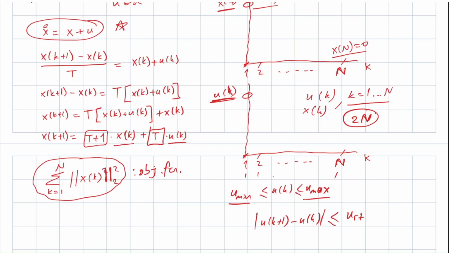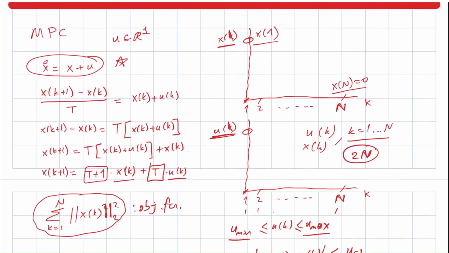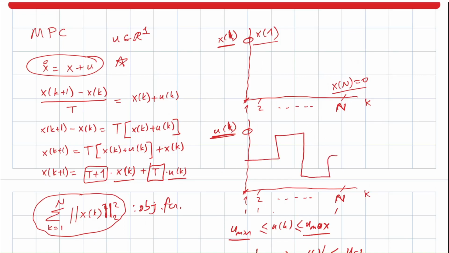Because you can solve that problem and your solver can give you something like 0 volt, 5 volt, and minus 5 volt.